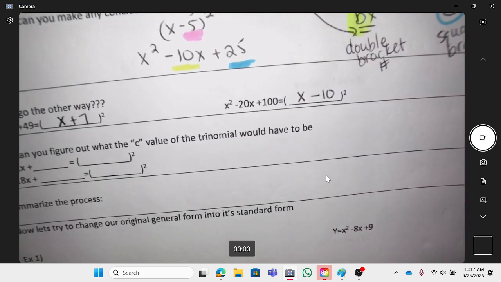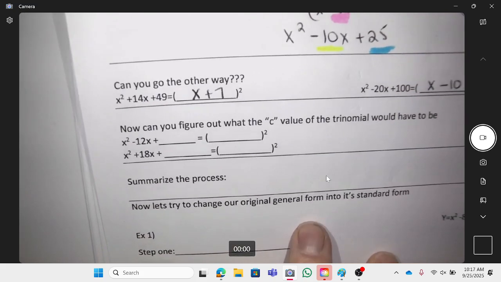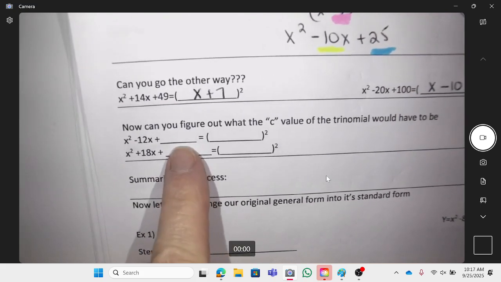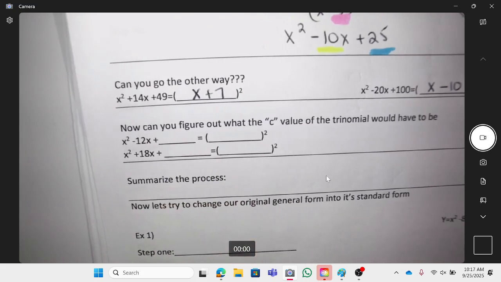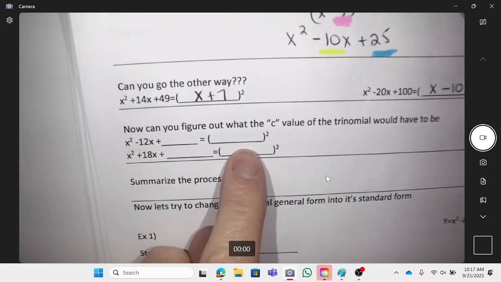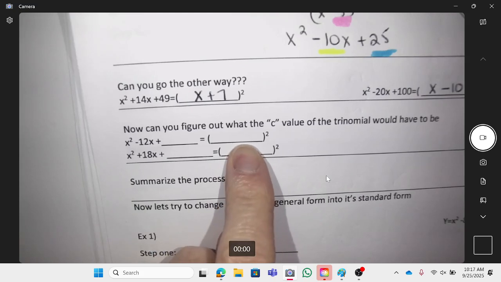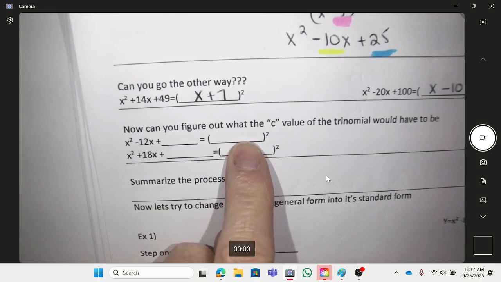Okay, now I'm going to add another level here. This time you have to figure out how to make the trinomial part and the bracket number part. So what do you think about this? Do you think it'd be easier maybe to break the bracket number first? What would have to be the bracket number here?